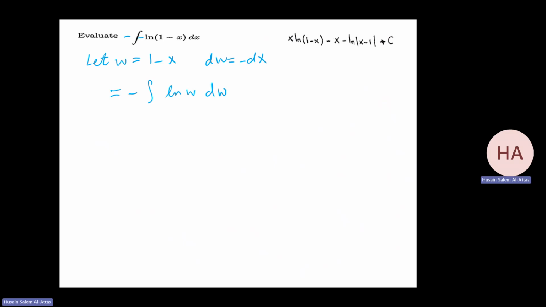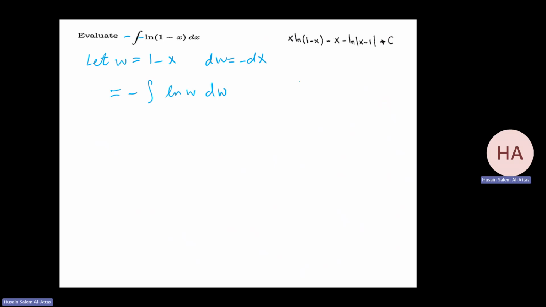W equal 1 minus x, dW will be minus dx, so I'll make minus. That will be ln W.